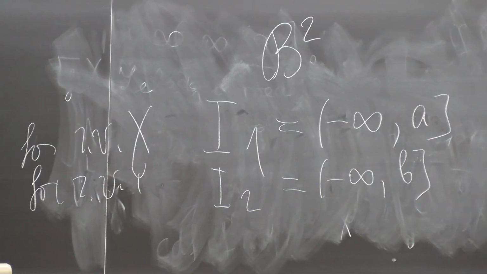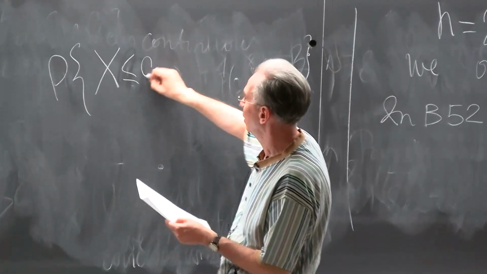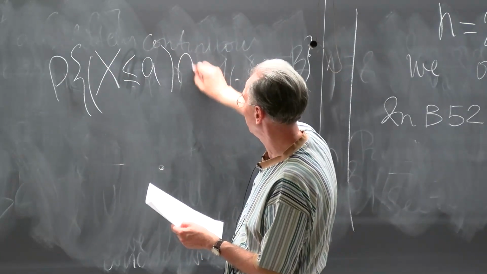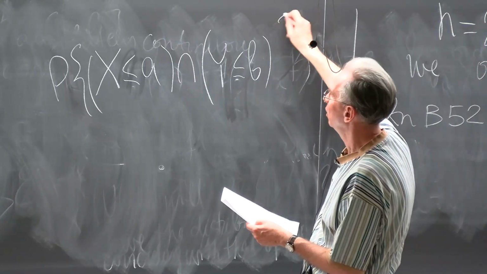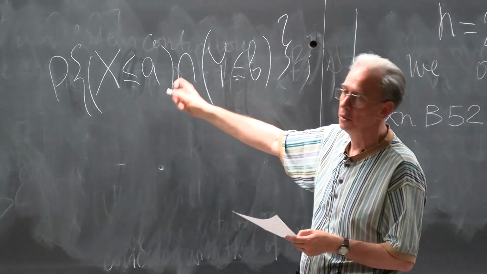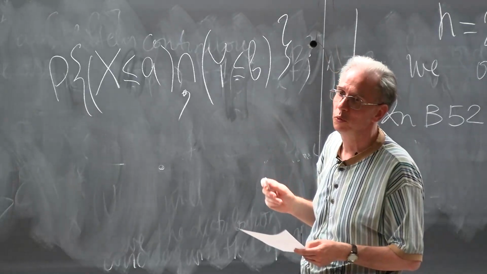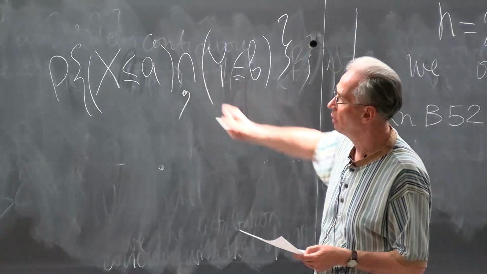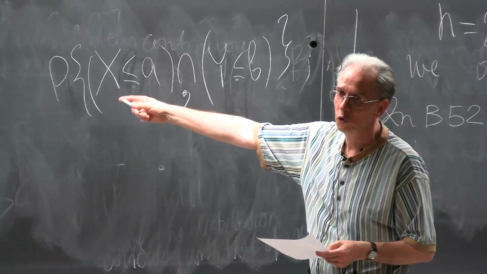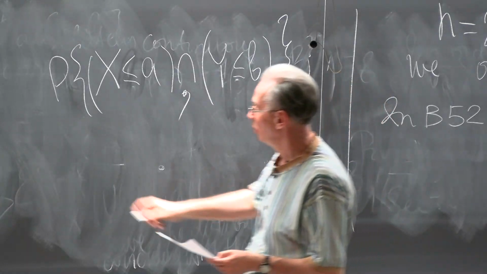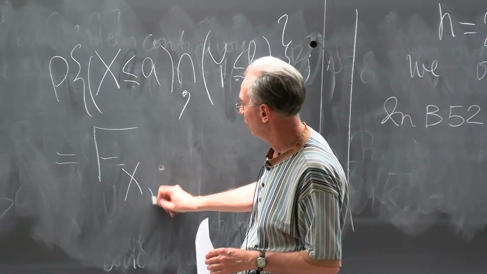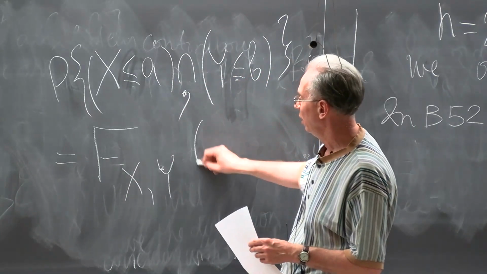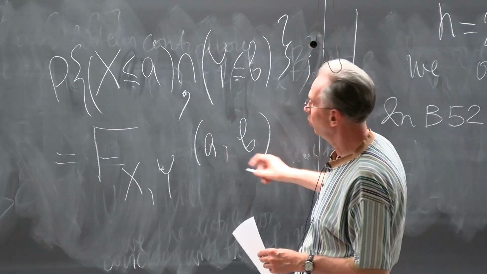And we are interested in the probability that capital X is less than or equal to a, and the second variable Y is less than or equal to b. We don't usually have to write the intersection sign. Usually we put a comma in lieu of the intersection sign and drop the parentheses. But this is nothing else but the joint CDF of random variables X and Y evaluated at the 2D point (a, b) from R squared.